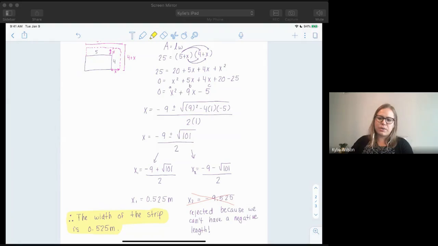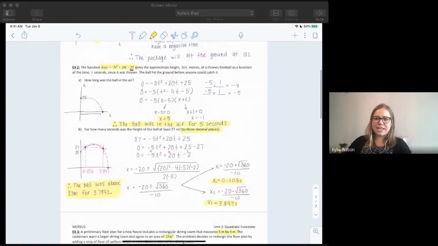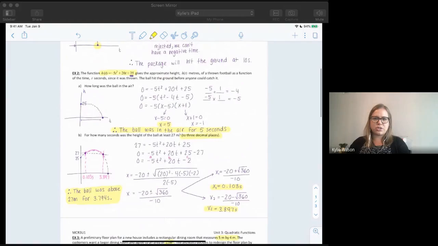Typically with the area ones, one will be negative, so you can get rid of it. But similarly to above, if I had just asked you when does it reach 27 meters, you would have two answers that are valid, and that's not a problem. If they both work in the context of the situation, then two is fine. You can always have two answers.